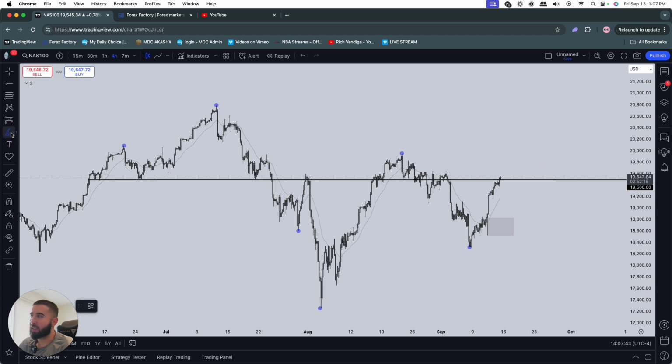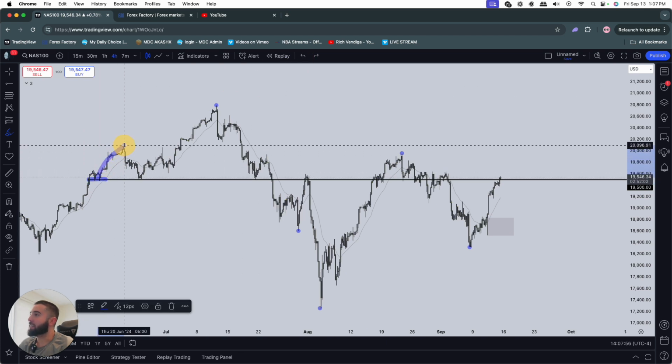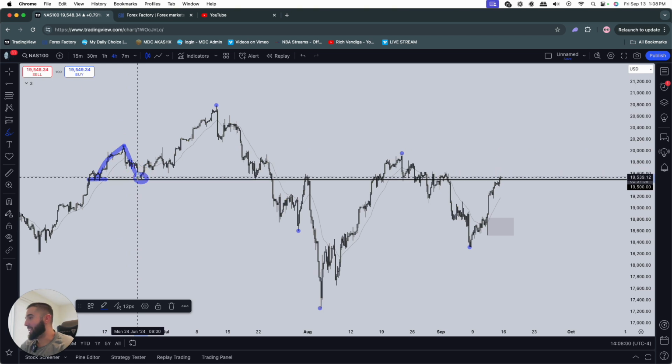But just from key level understanding alone, we can see that 19,500 really back in mid-June is when we started really seeing that level being tested. And that created this initial push. We ended up revisiting that level back in the end of June, almost about 10 days later, respecting once again.